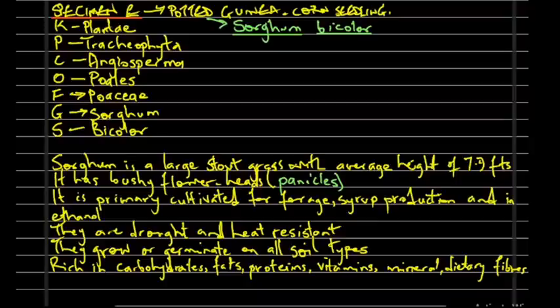Now, the grain is very nutritious. We have said that earlier on. It can be eaten raw when young and milky, but it has to be boiled or ground into flour when mature. So we use it in different forms.